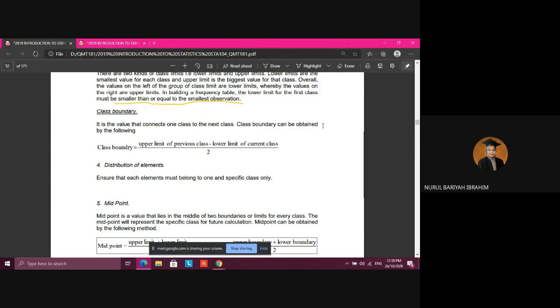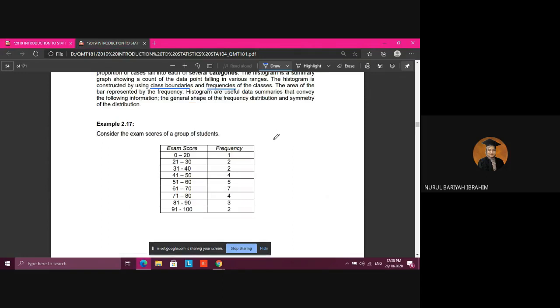The class boundaries can be obtained by the following. Okay, sini ada salah sikit, dia tukar sikit. Sepatutnya lower limit of the current class minus dengan upper limit of the previous class. Tertukar dia ni. Okay, divide by 2. Contohnya, we need another column.